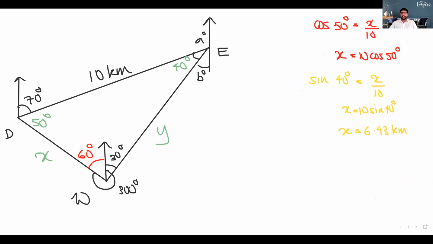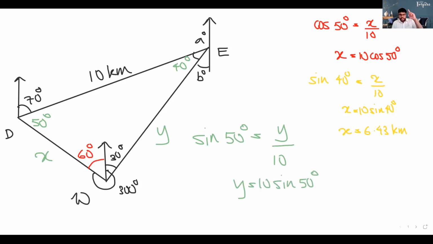Okay, let's leave that aside. Now, similarly, to find y, that is part D, the distance of explorer from the wreck, you can use both methods again. Let's say you consider the 50-degree angle. This time you will take sine: sine 50 is equal to y over 10. Y is equal to 10 sine 50 degrees.